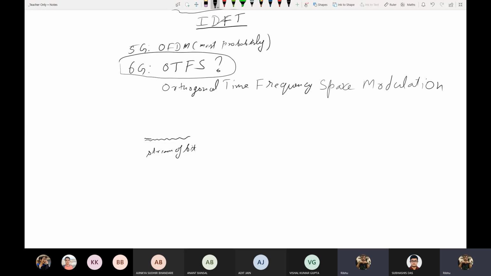Step two, you do serial to parallel conversion, so you split the stream of bits into multiple parallel symbols.